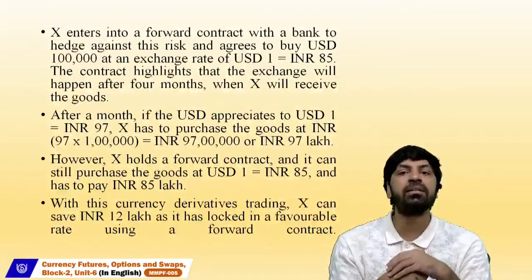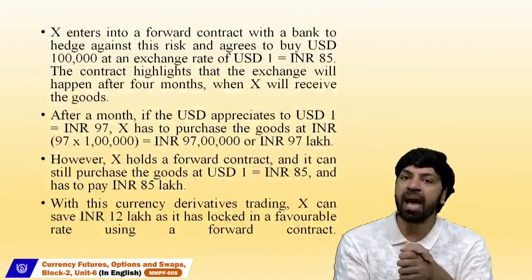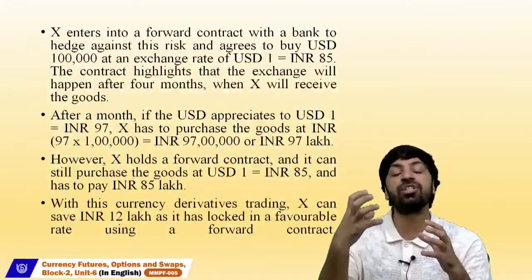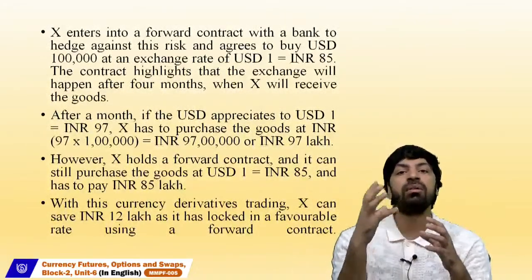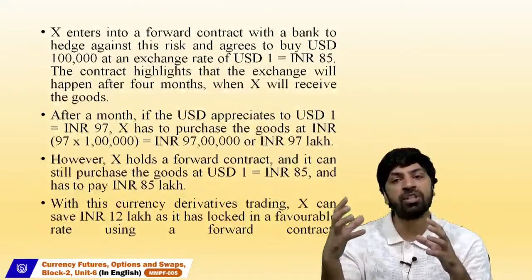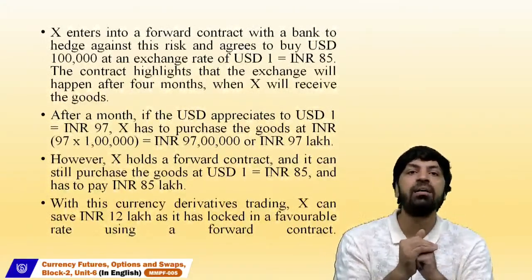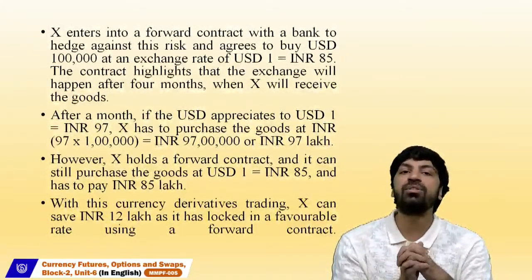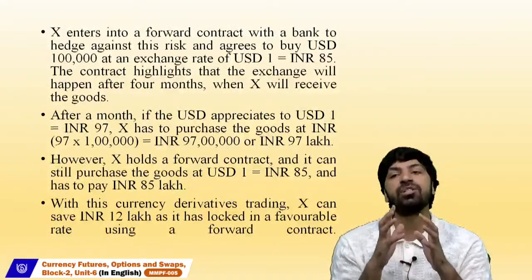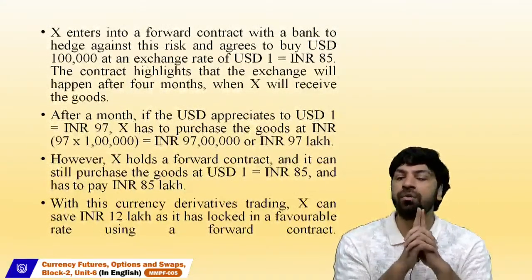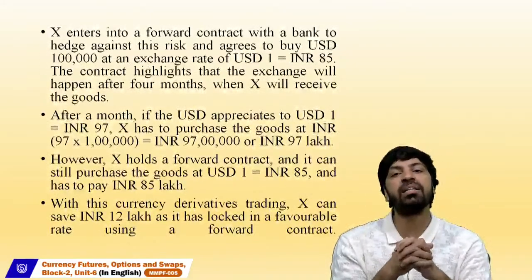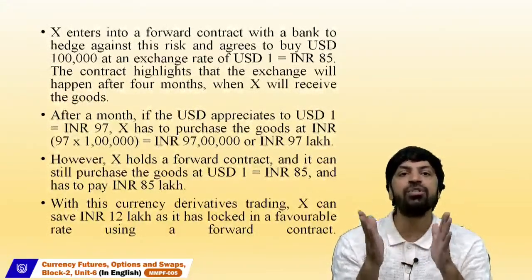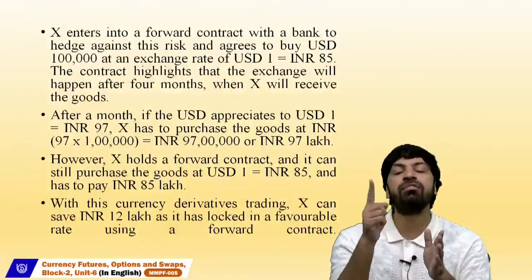So X enters into a forward contract with a bank to hedge. Hedge means a protection tool against the exchange rate risk. So X enters into a contract with the bank to hedge against the risk and agrees to buy US dollar 1 lakh at an exchange rate of 1 US dollar equal to 85 Indian rupees, and the contract highlights that the exchange will happen after 4 months.